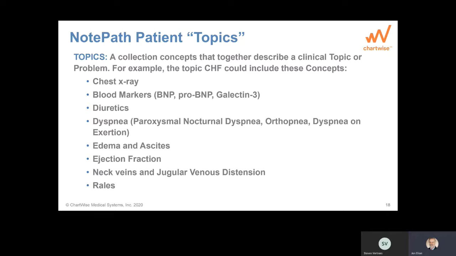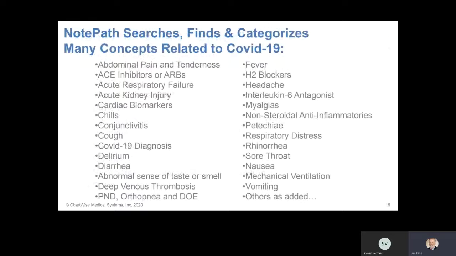Chest x-rays, blood markers, diuretics, which are medications that would be used in heart failure, clinical presentations, all the ancillary findings. In fact, this is just a tiny subset of the evidence that will be found on the chart related to congestive heart failure.